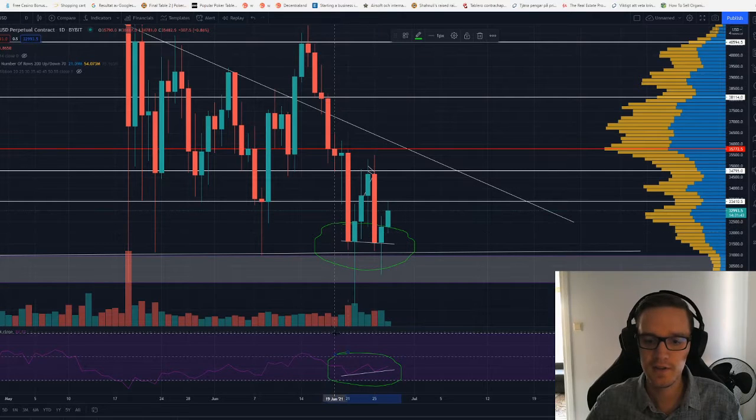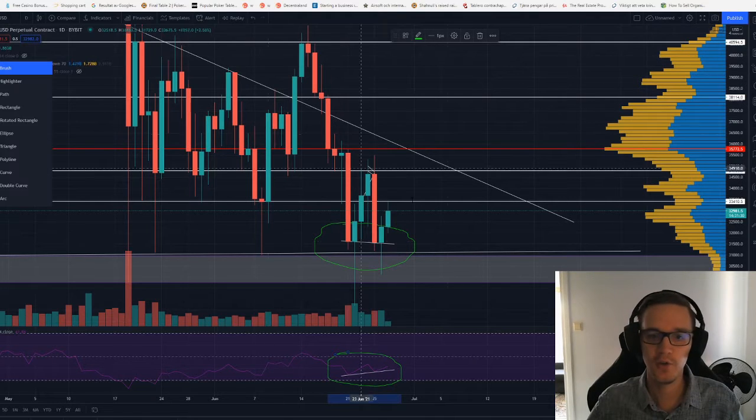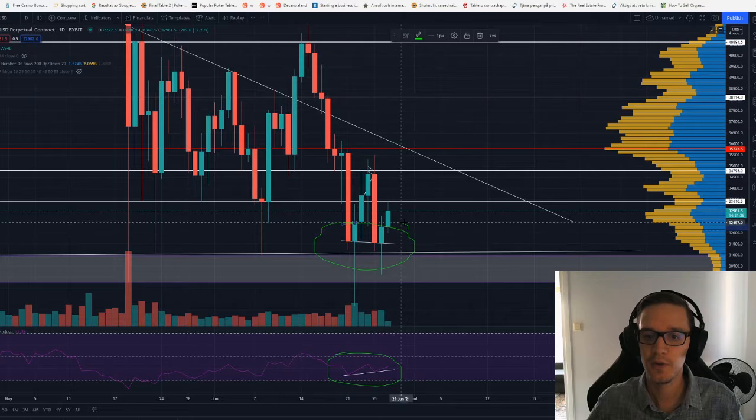And this indicator, when we are getting this bullish divergence in the relative strength index that you can see down here, indicates that we're probably going to see some kind of sideways movement to the upside like this.